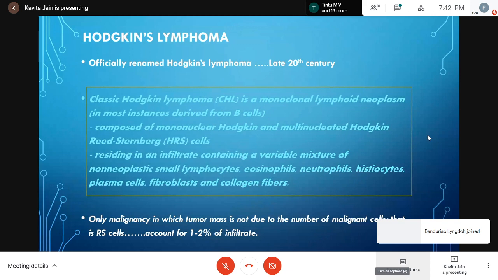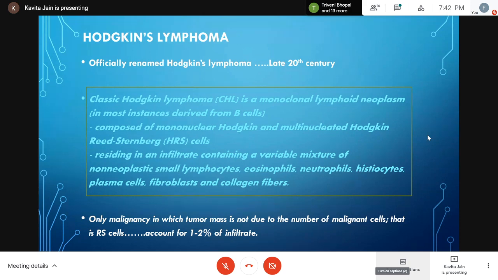They account for just 1 to 2% of the infiltrate, or in some very small biopsies just 0.1%, 0.1 to 10% they say in the literature.